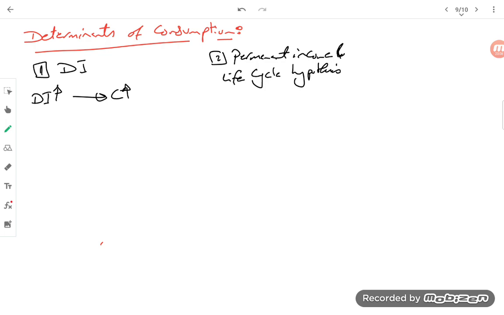Actually, the case is related to life cycle hypothesis, as people would like to save in order to smooth their consumption over their lifetime.